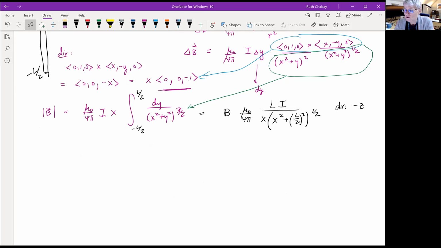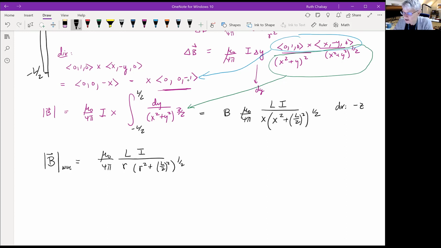So we can write the magnitude of the magnetic field of a current carrying wire as mu 0 over 4 pi, the length of the wire, the conventional current in the wire, and we'll just call the distance from the wire r, because it could be in the x direction or the z direction or something like that. So r squared plus quantity L/2 squared, square root of that.